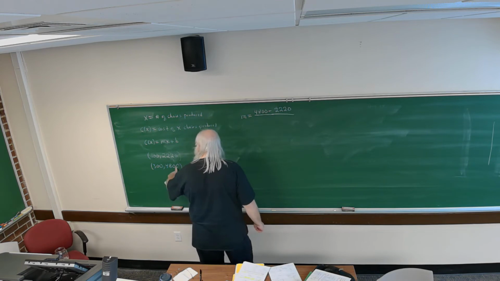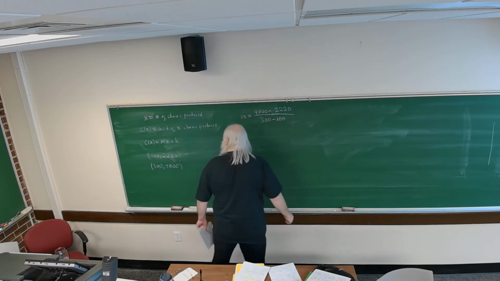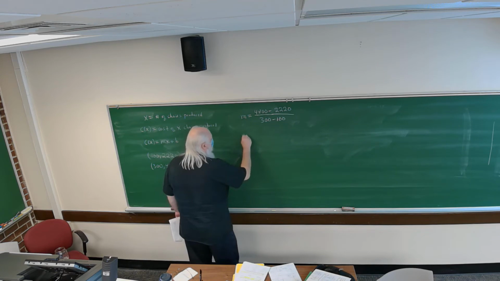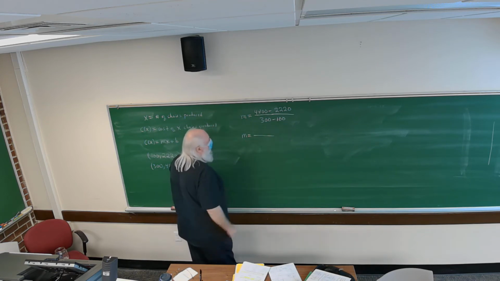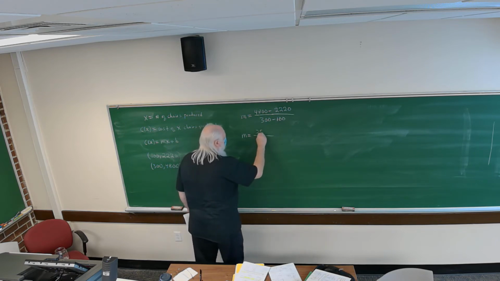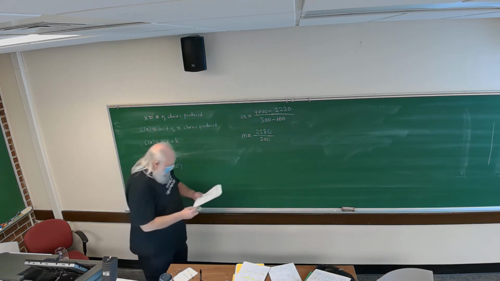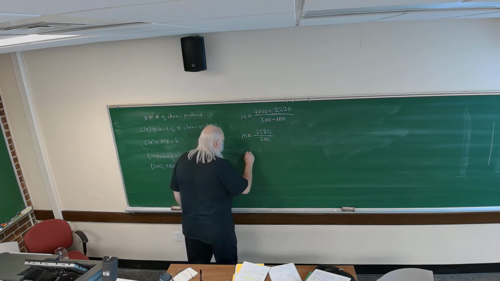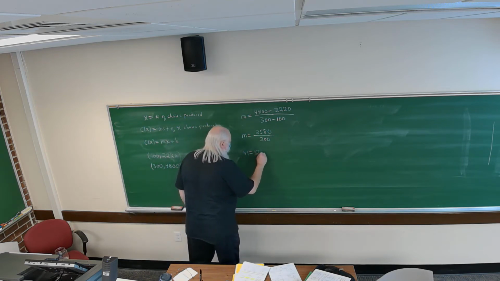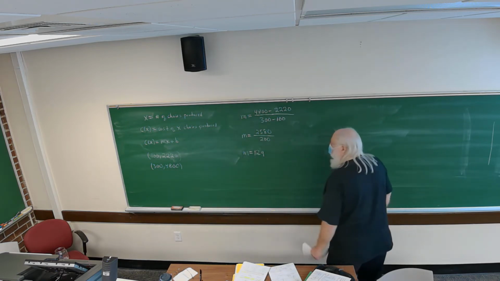So change in y is 4,800 minus 2,220. Change in x is 300 minus 100. 4,800 minus 2,220 is 2,580, and 300 minus 100 is 200. And then when you do that division, you get the slope m is 12.9.